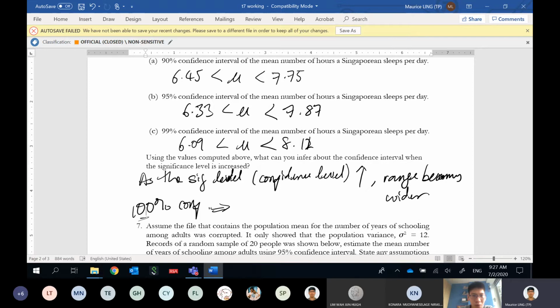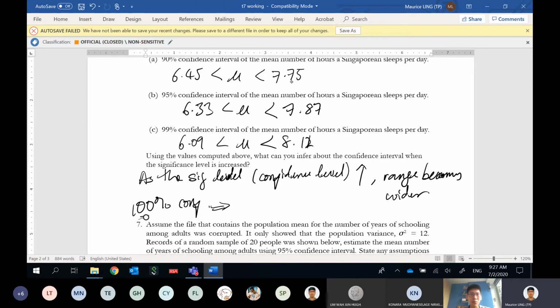If you look at this range at 90%, the width is 7.75 minus 6.45, which gives a width of 1.3. Here you get a width of 1.54. Here you get a width of 2.04.